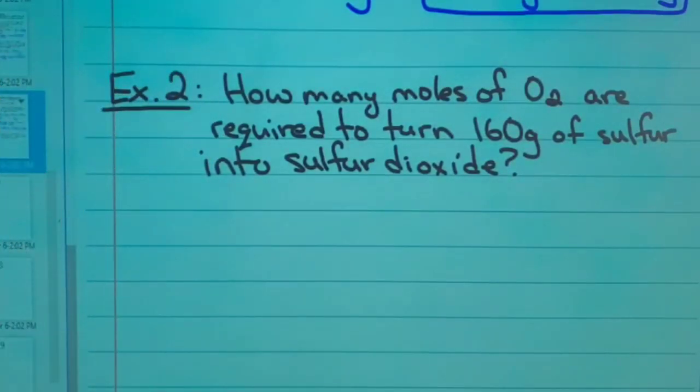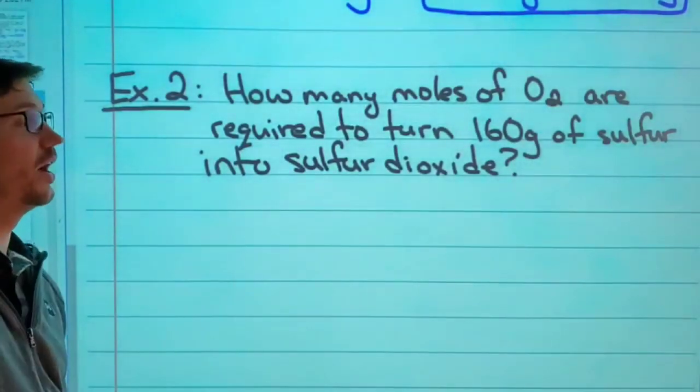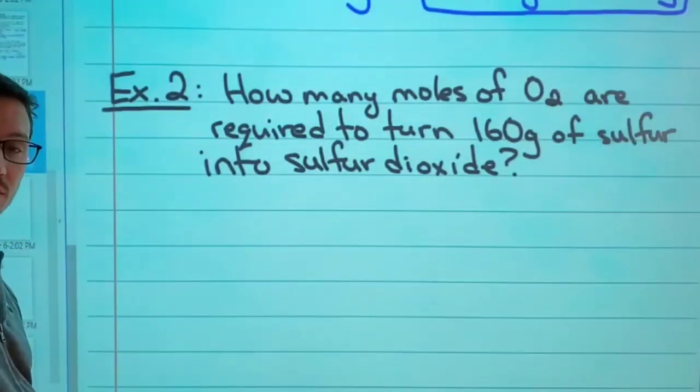How many moles of oxygen are required to turn 160 grams of sulfur into sulfur dioxide?